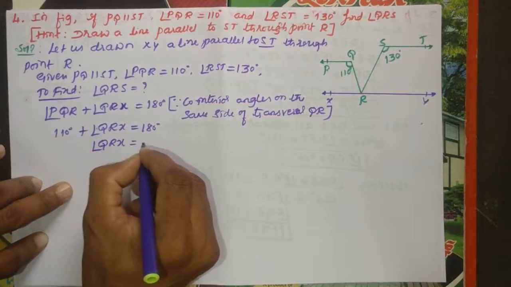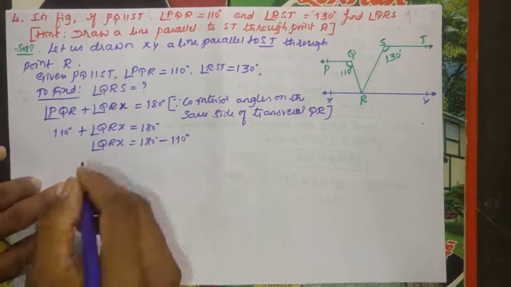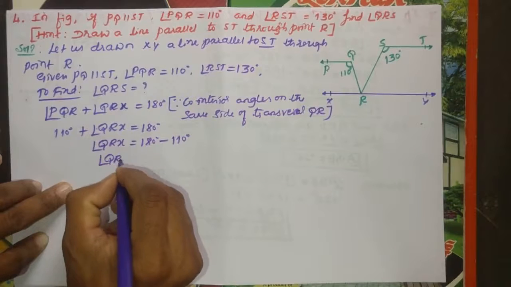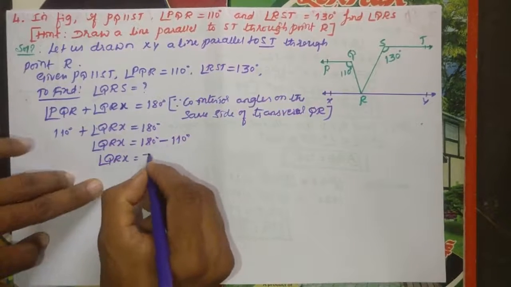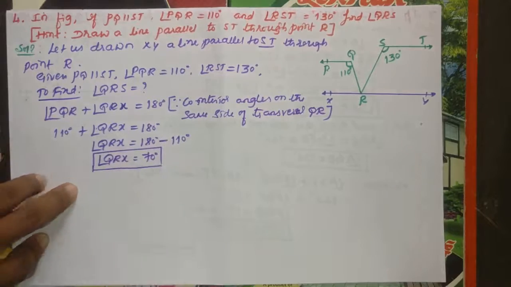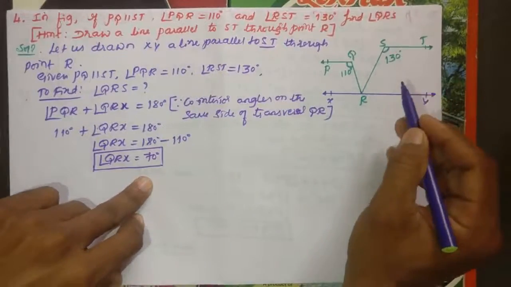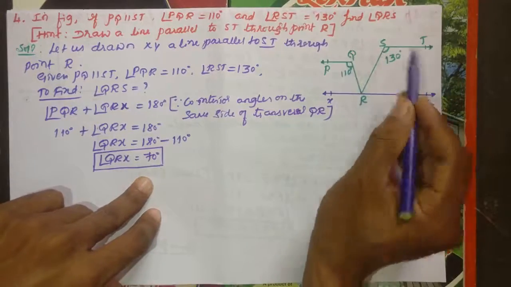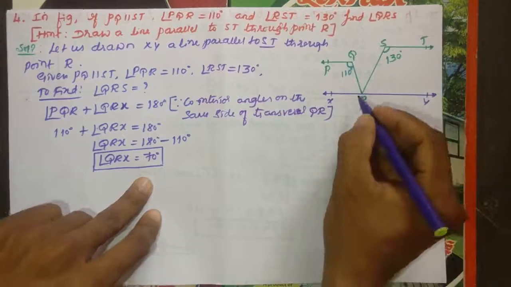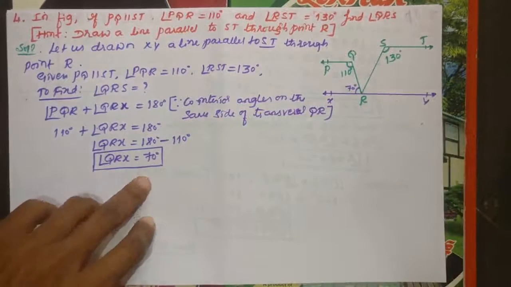QRX is equal to 180 degrees minus 110 degrees. Angle QRX is 70 degrees.